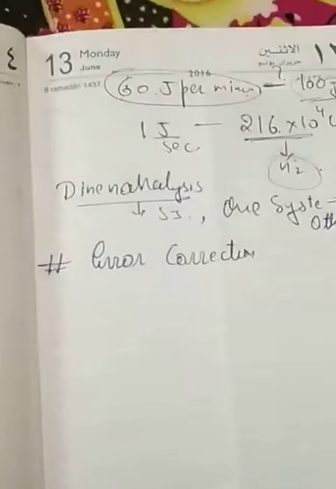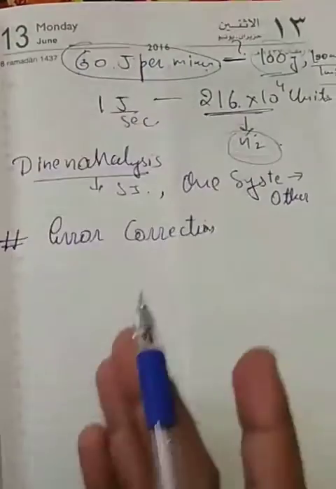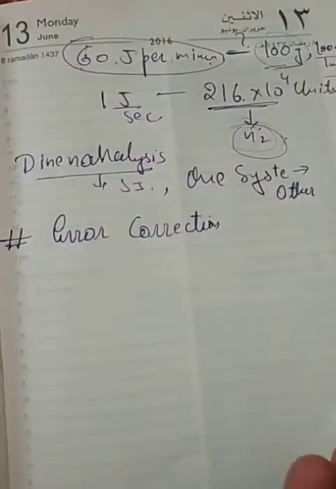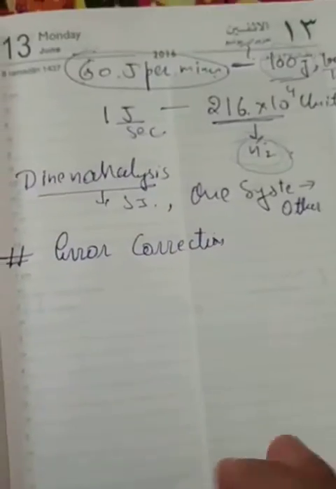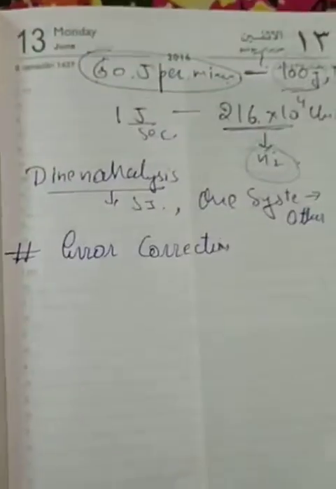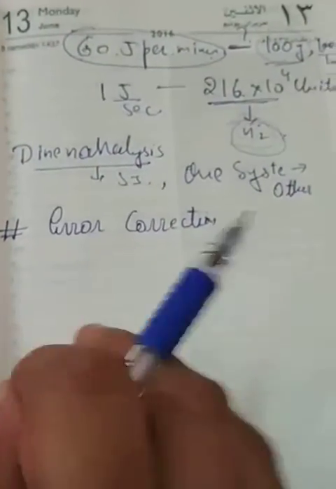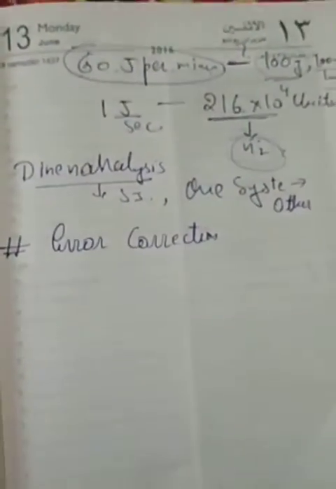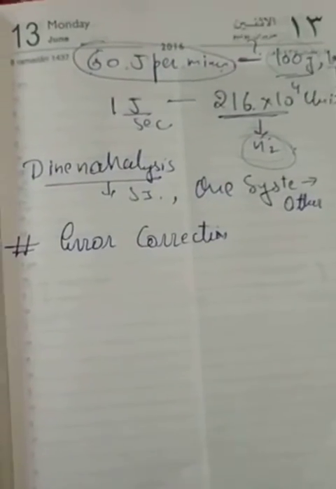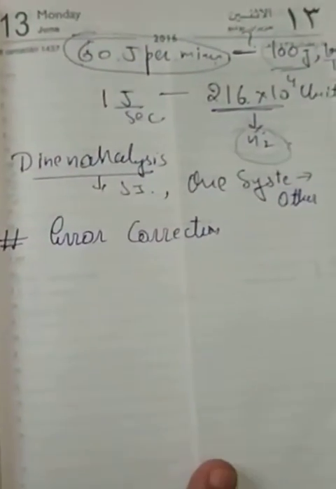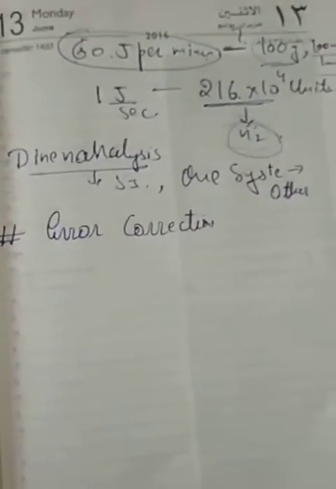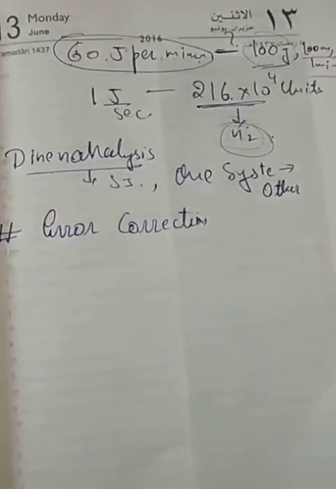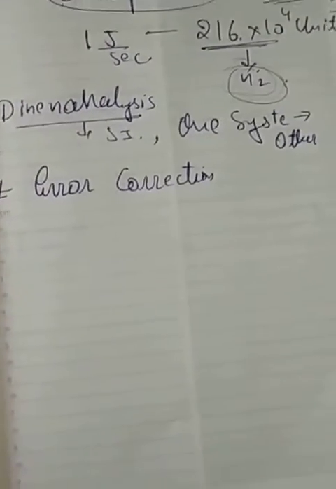So what is the correct formula? With the help of dimensional formula, you can check whether your formula or the physical quantities that you put are correct or not. So this is one more use, but this we deal with in the next part.